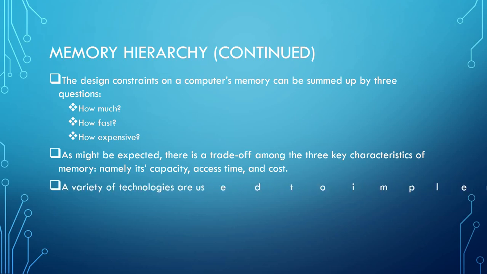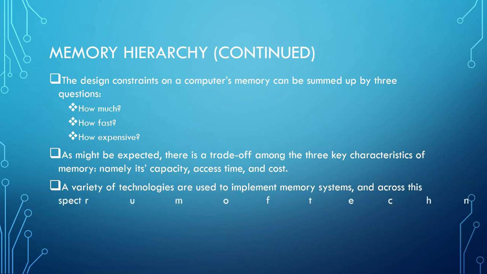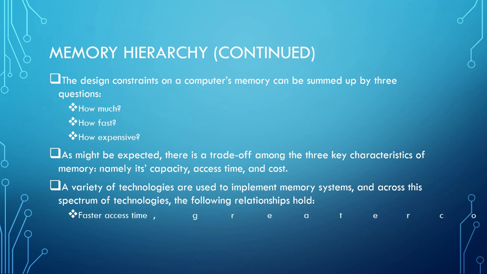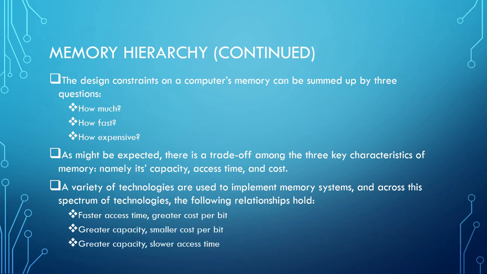A variety of technologies are used to implement memory systems, and across this spectrum of technologies, the following relationships hold. Faster access time, greater cost per bit. Greater capacity, smaller cost per bit. Greater capacity, slower access time.